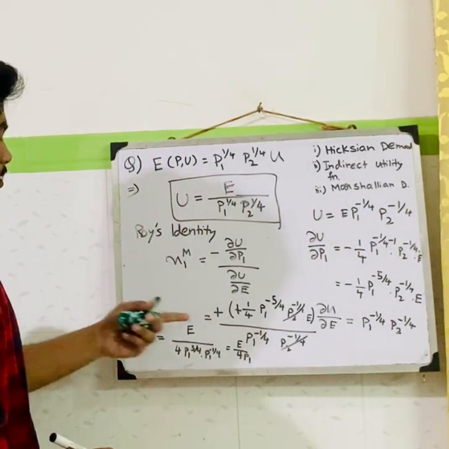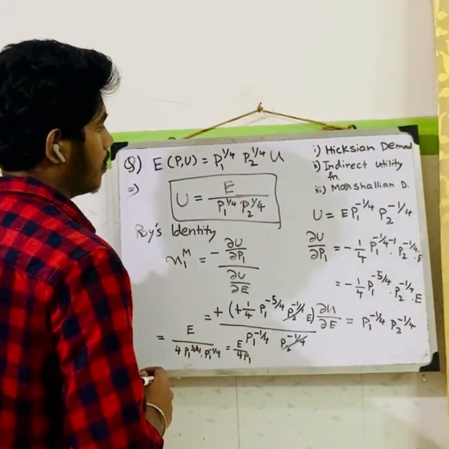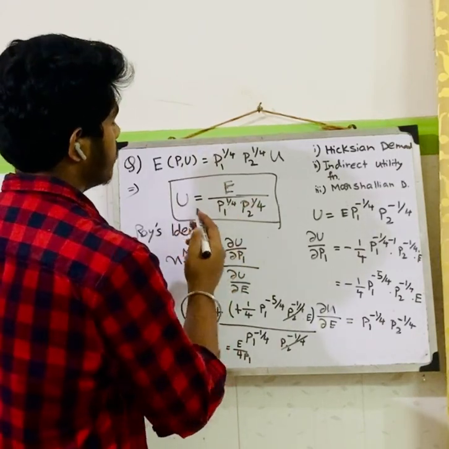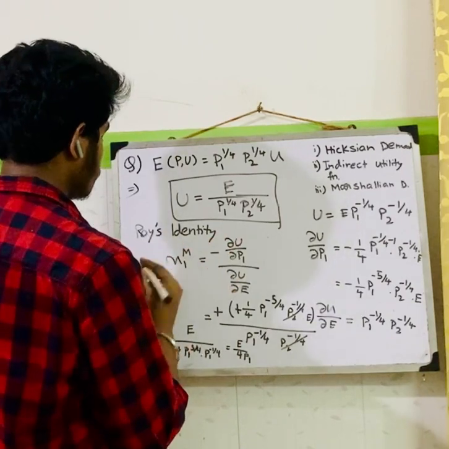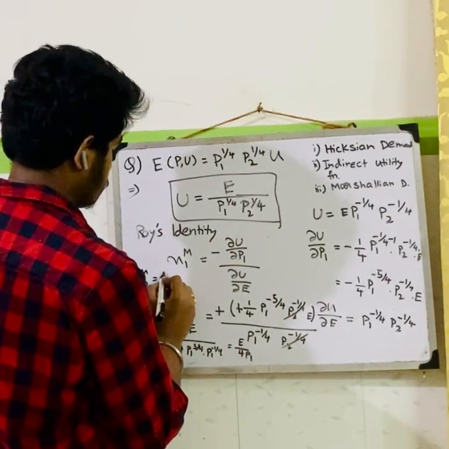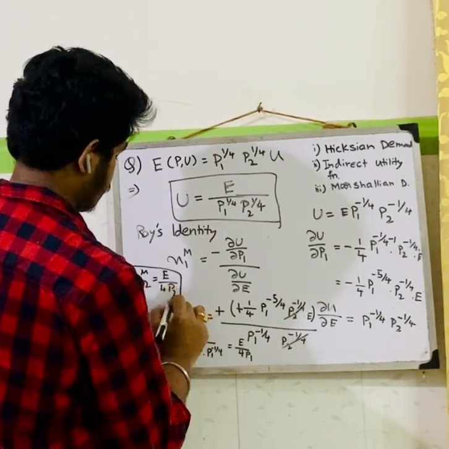So this was the same value as we get by putting this utility function or indirect utility function into Hicksian demand. So similarly we can derive for x2, it will again come to E by 4 P2.